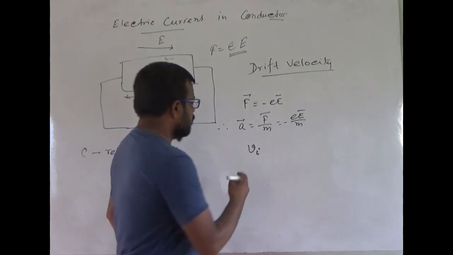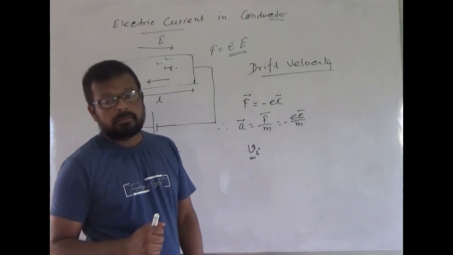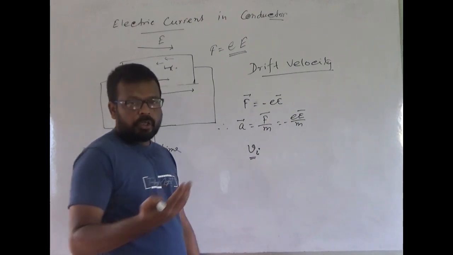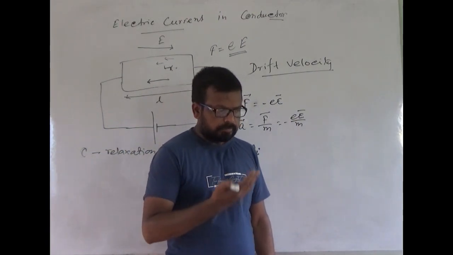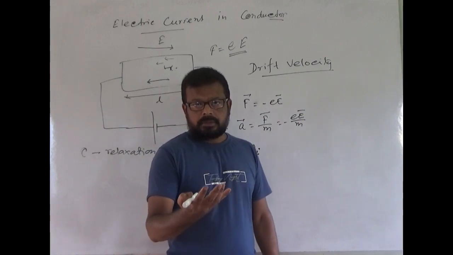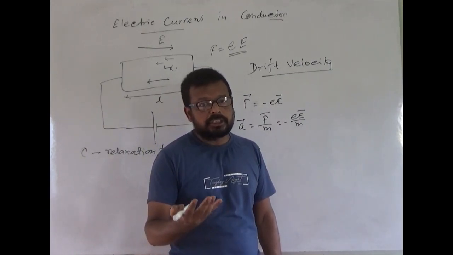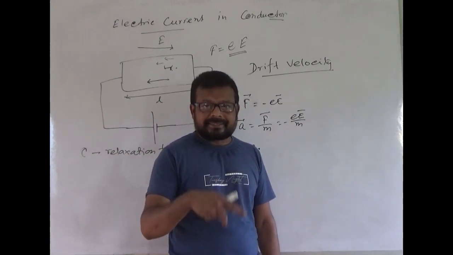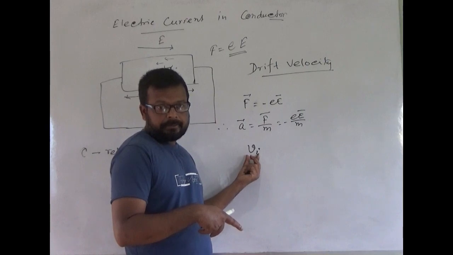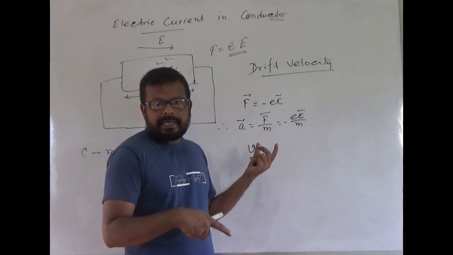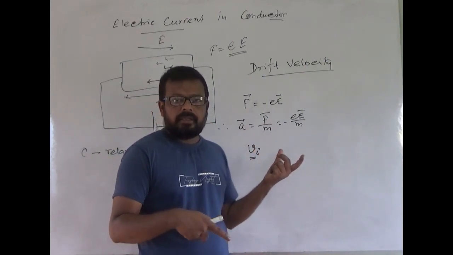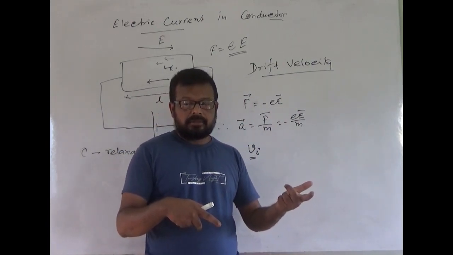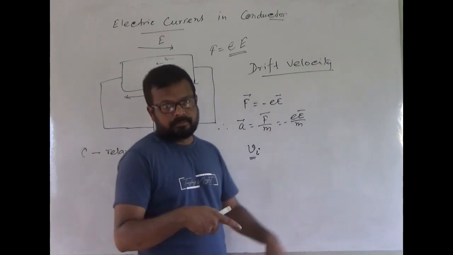Now this is due to the thermal random motion, because just after collision there will be a thermal motion, and due to that thermal motion the velocity is Vi. Now let us say that after time interval Ti it will collide with another positive ion.